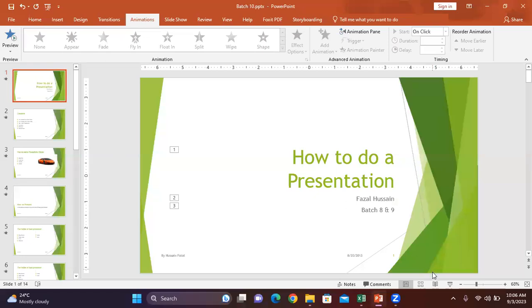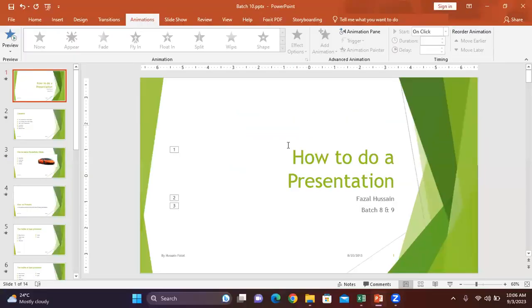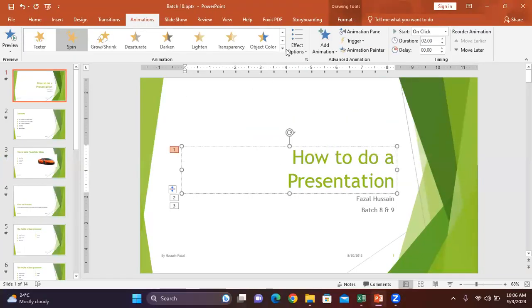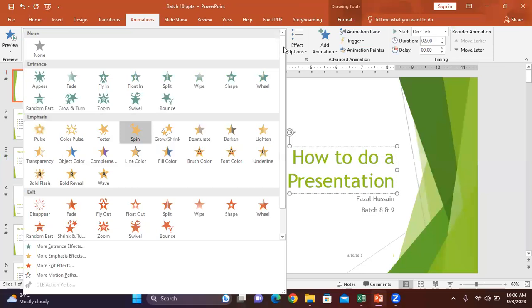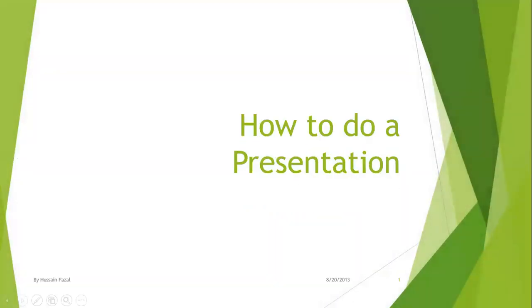Now I'll start the presentation. Okay, now when I start the presentation, you can see nothing will be there. Did I apply this? Not spin. We'll put spin. And you can see it comes.